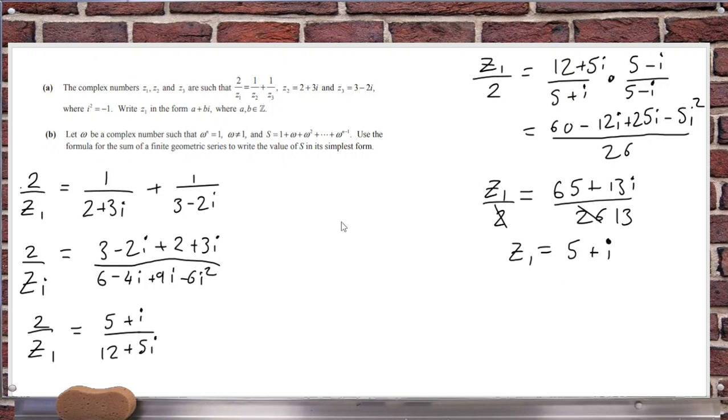Okay, part B now. Omega to the power n is 1. Calculate S using the GP formula. So S equals a, the first term, which is 1, times 1 minus r to the n, and here clearly r is omega.